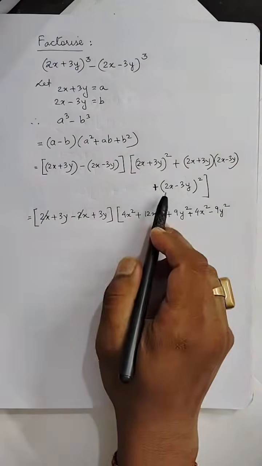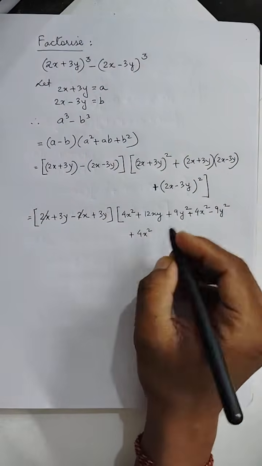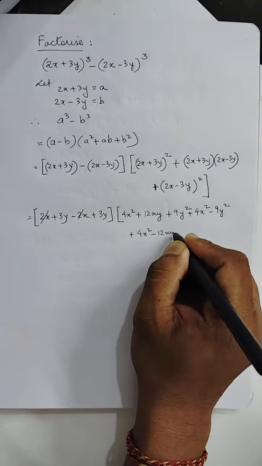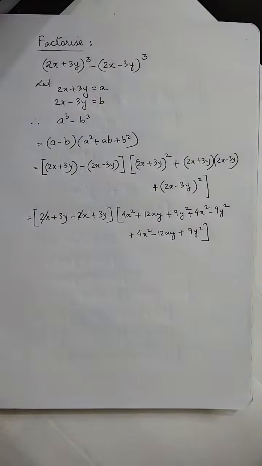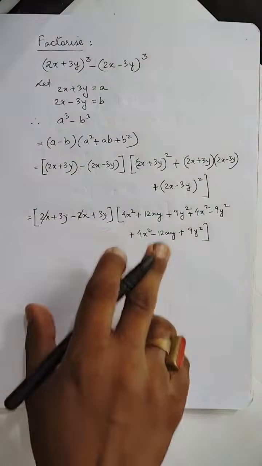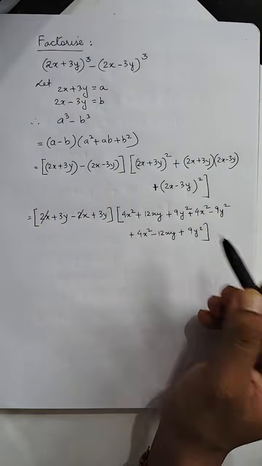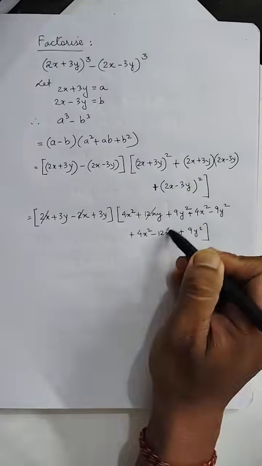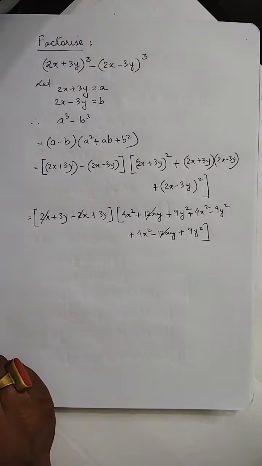Then 2x minus 3y whole square will be 4x square minus 12xy plus 9y square. I am just avoiding one more step and I have written the value directly. So this 12xy and minus 12xy will get cancelled out, is it? And then anything else? Yes, plus 9y square and minus 9y square will get cancelled out.